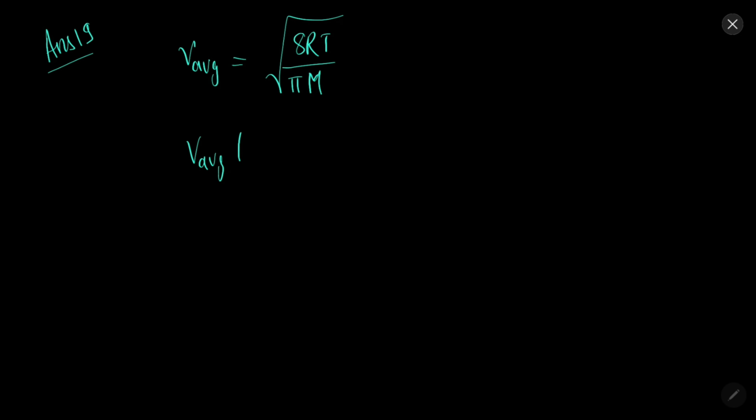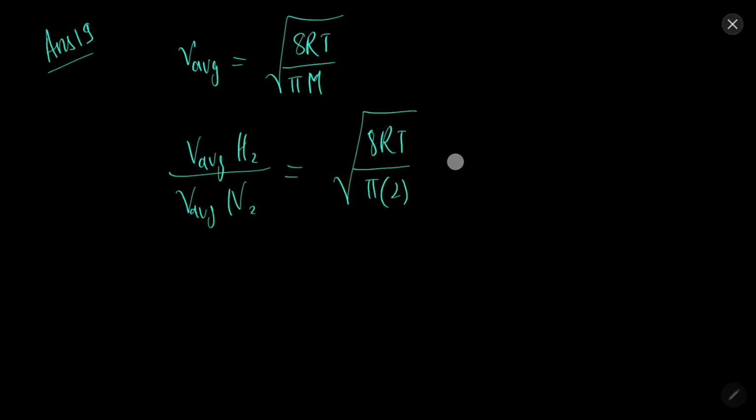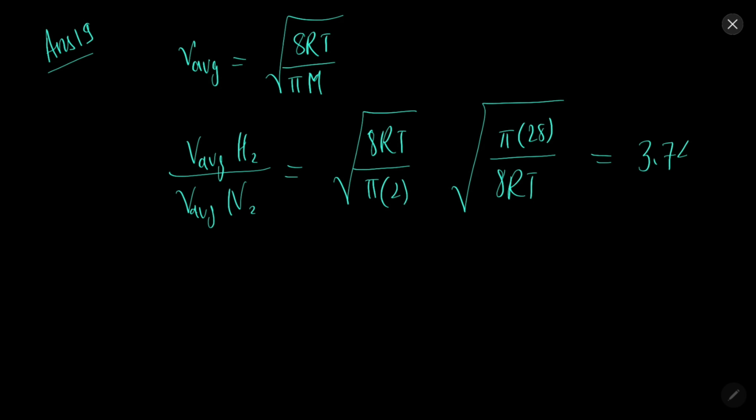V average for hydrogen and for nitrogen, 8RT into pi 20 and 8RT. So it will give us 3.74 approximately.